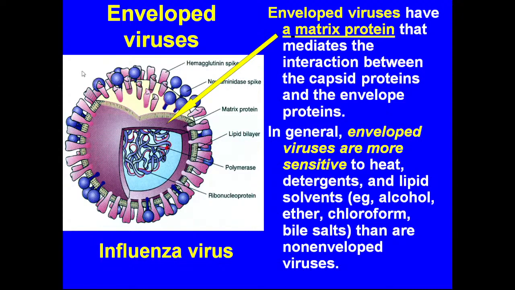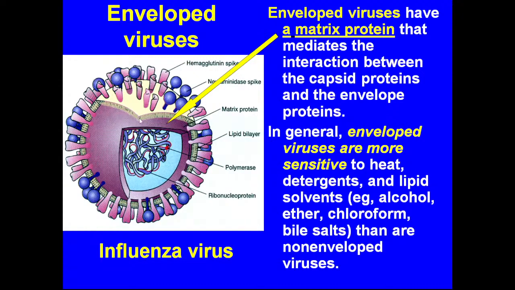So, but then apart from the envelope, you can see here that it is made up of a phospholipid bilayer and glycoprotein spikes on the surface. Here we have two types of spikes on the surface.